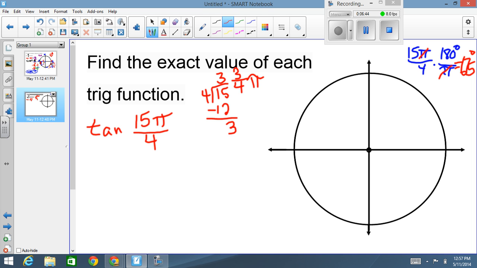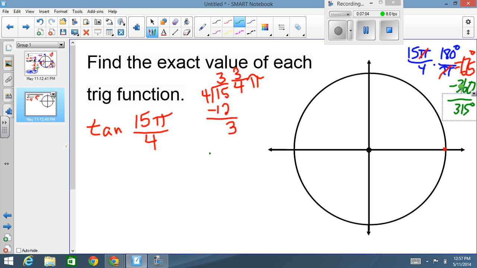Now I know that when I start at 0 and I go all the way around one time around the unit circle, that's 360 degrees. So I would probably just subtract 360 from this. You know, subtract off 360 degrees. That leaves you with 315, so that's really the angle that you're graphing.